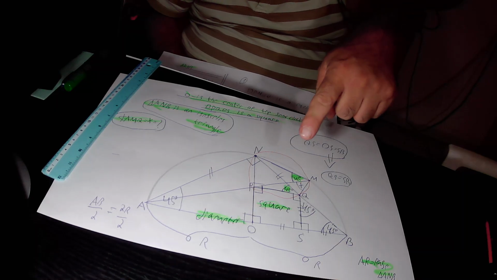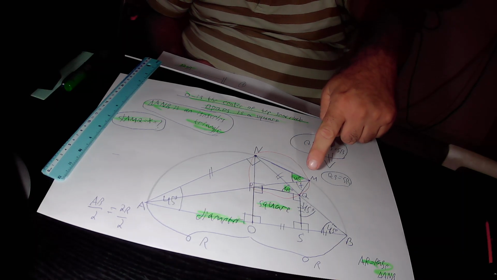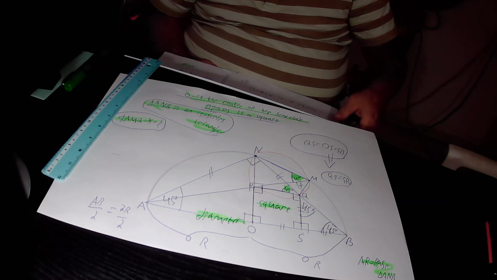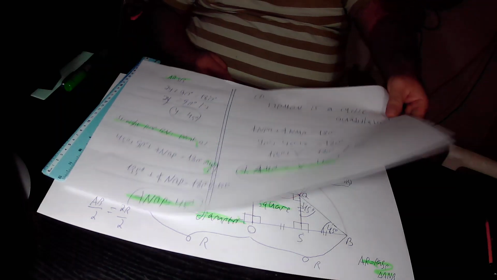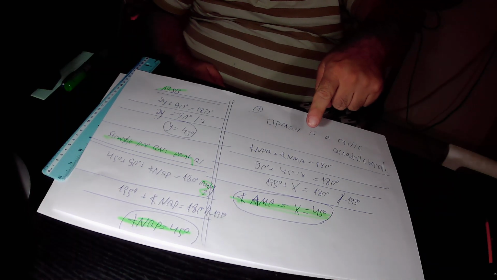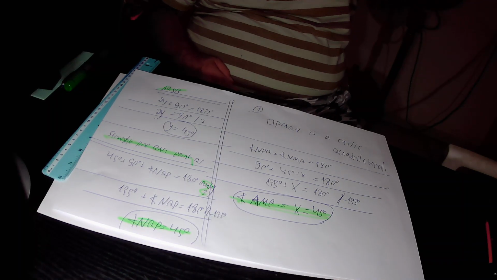Angle NPQ equals 90 degrees in size, and angle NMQ equals 45 plus x degrees in its size.